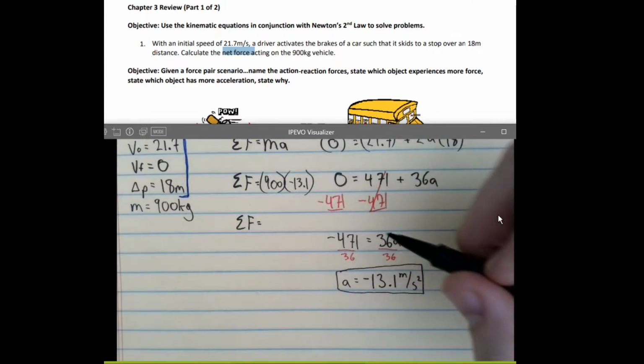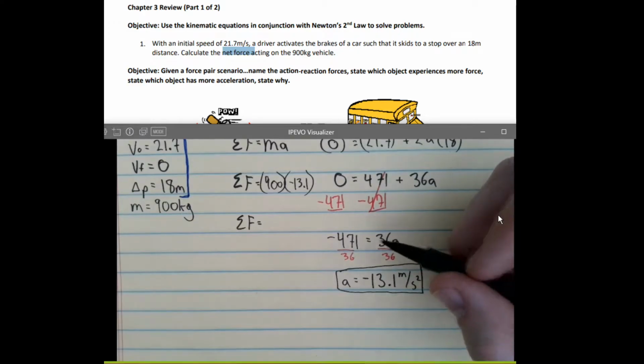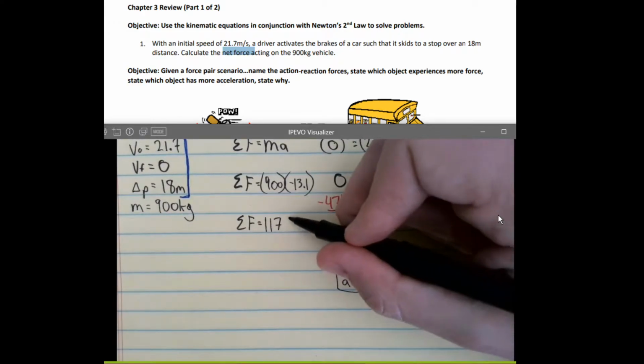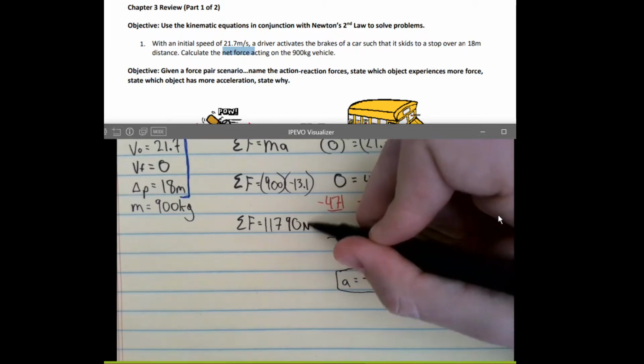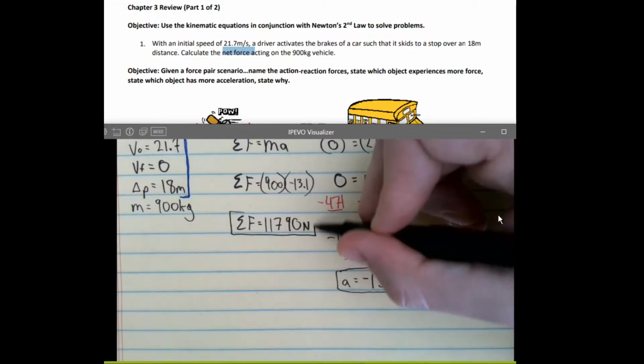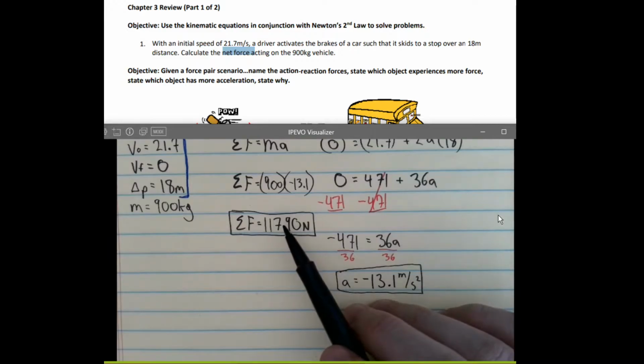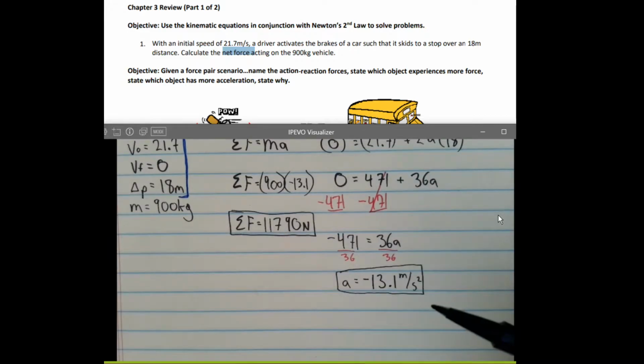So sigma F is going to be 11790 newtons. So this is the net force being used to slow the car down. Actually, it's negative.